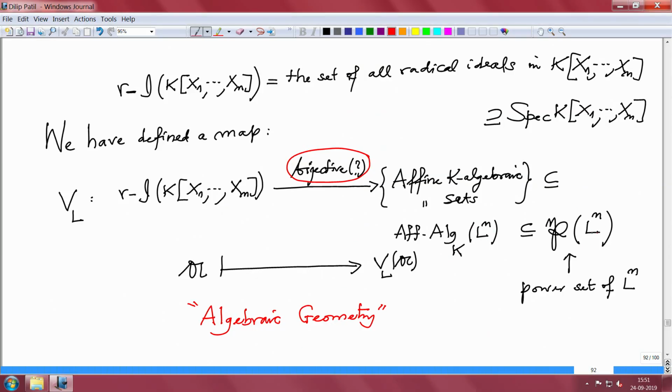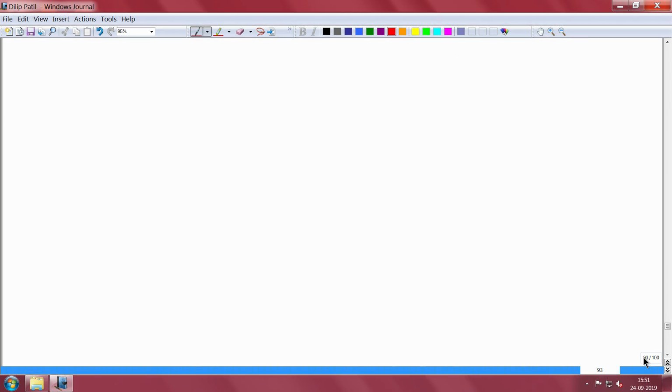After the break, first of all I want to give some examples. Obvious examples are what? First of all, not every subset is an affine algebraic K-set. Let me give that example right away. So, let us go to the next page. Let us see an example.